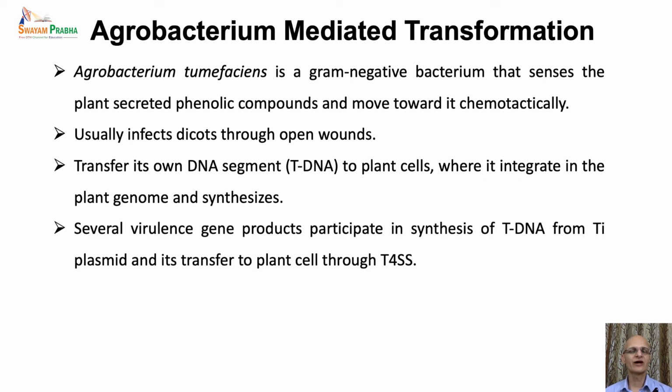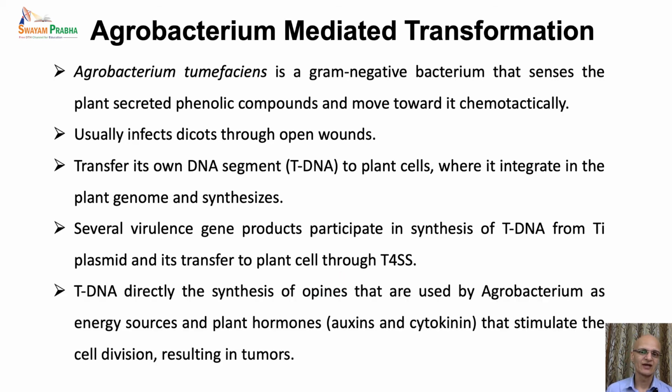Now, several virulence gene products participate in the synthesis of single-stranded tDNA from the Ti plasmid, and its transfer to the plant cell through the type 4 secretion system. In the plant cells, this tDNA integrates into the plant genome and expresses the genes that are present on the tDNA.